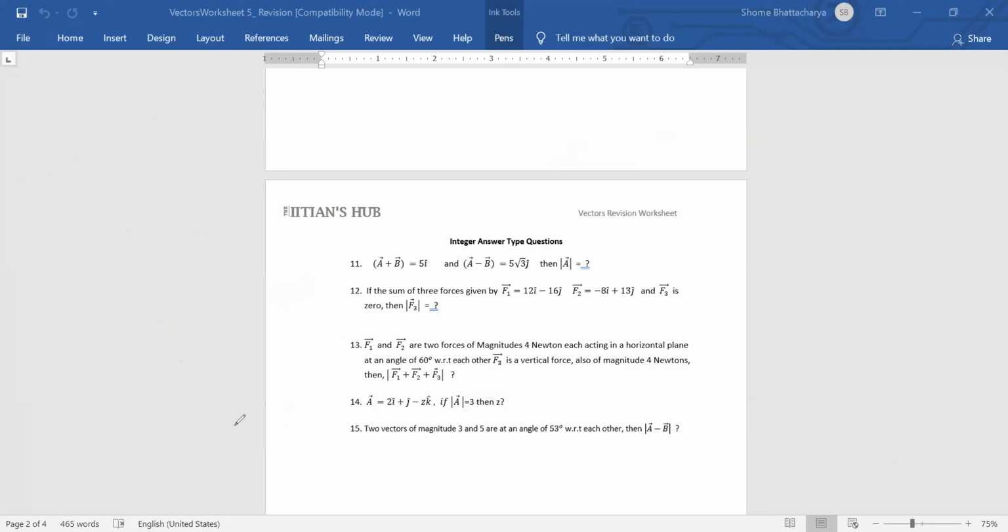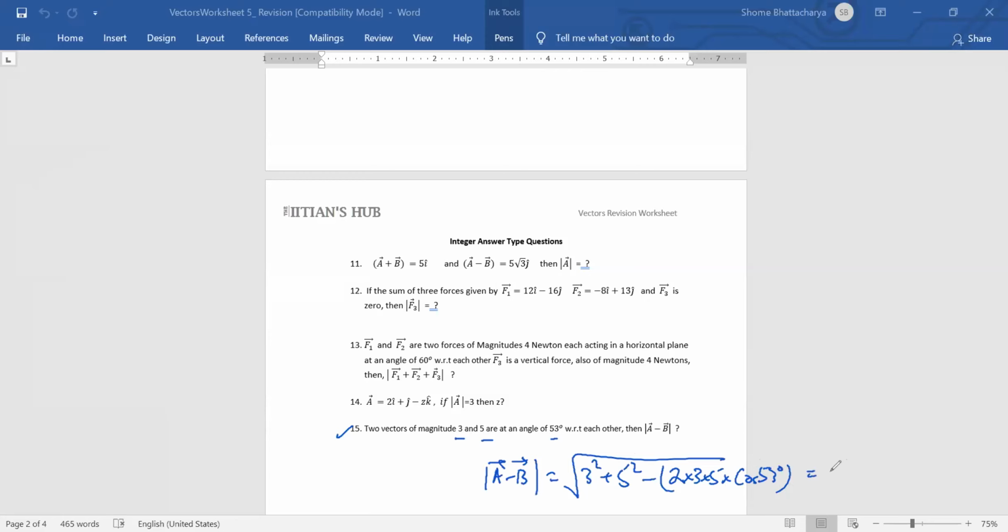And the last one is directly formula based. You can see that two vectors of 3 and 5 are at an angle of 53 degrees. So the mod of a minus b, you can just directly use this formula: root of a squared plus b squared minus 2ab cos 53.